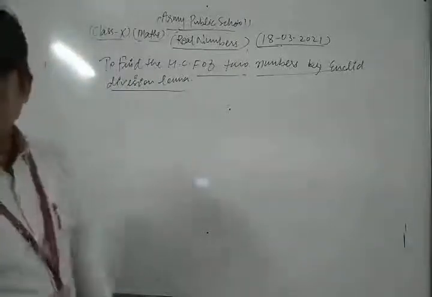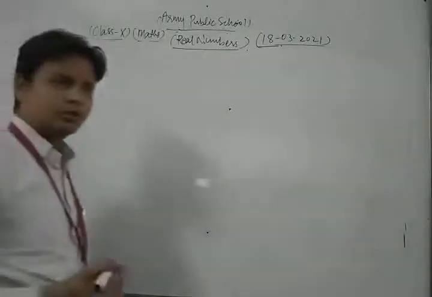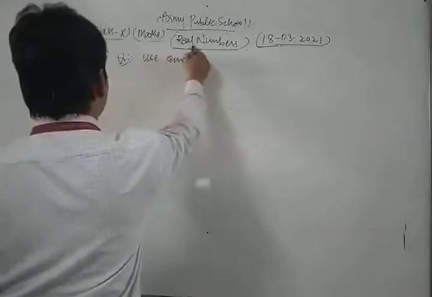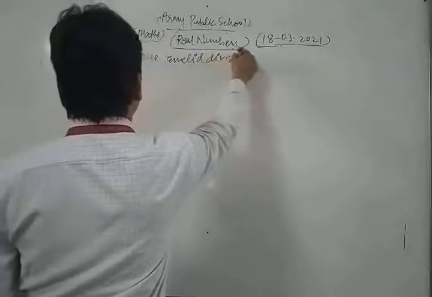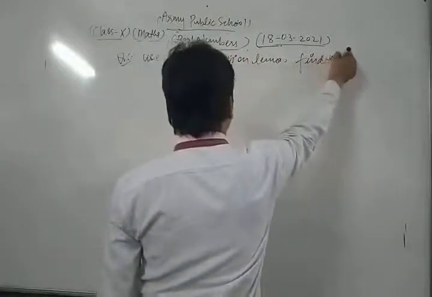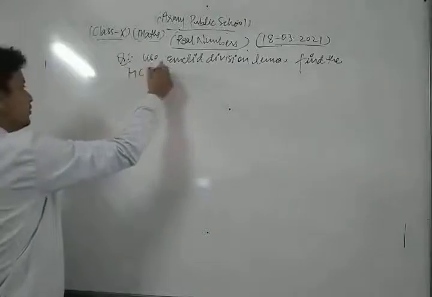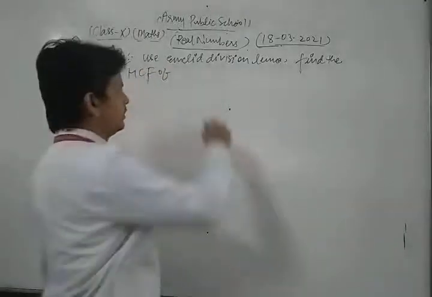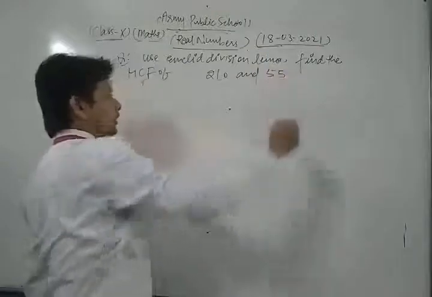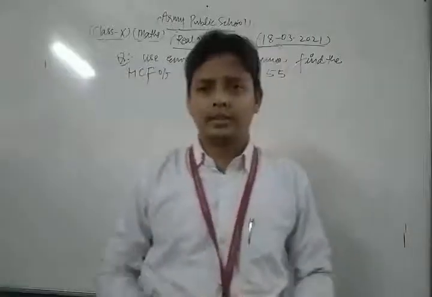The question is: use Euclid division lemma, find the HCF of 210 and 55. Now, this is the question here. Okay.